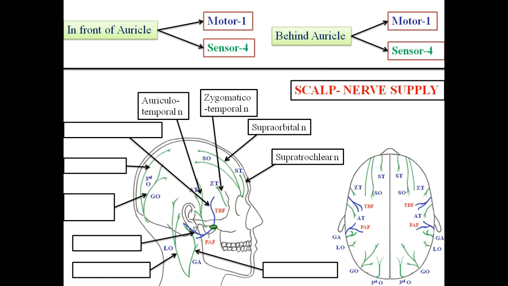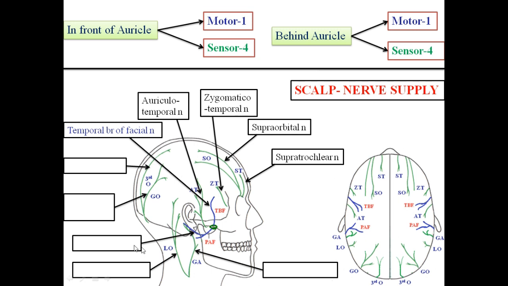The auriculotemporal nerve is a branch of the mandibular division of the trigeminal nerve, and 1 motor, the temporal branch of the facial nerve. These are the 5 nerves concerned with the area in front of the auricle.